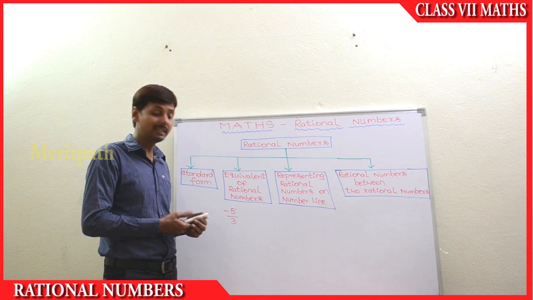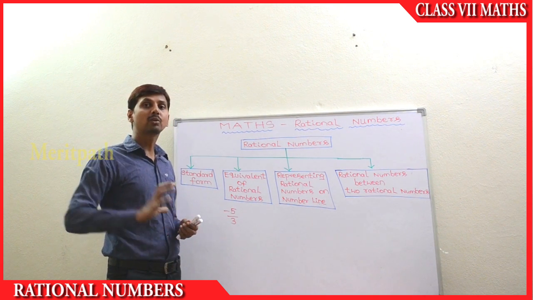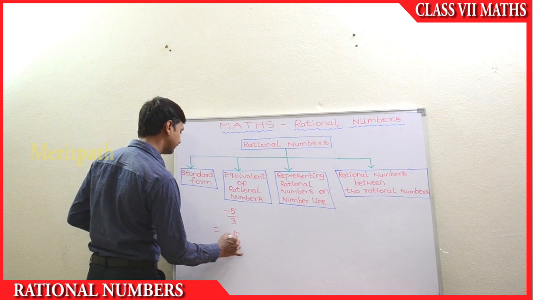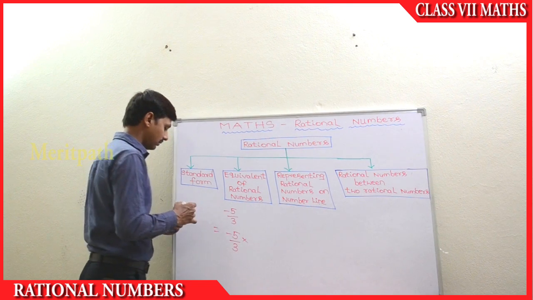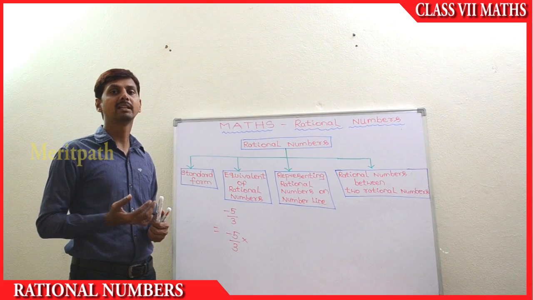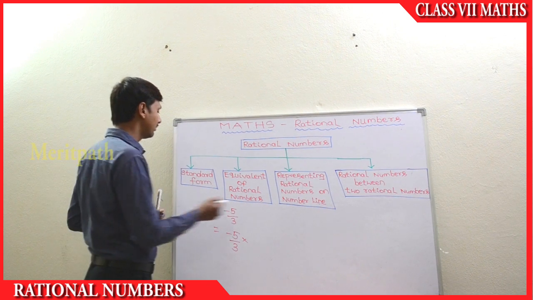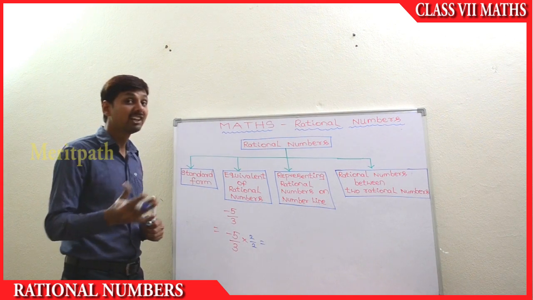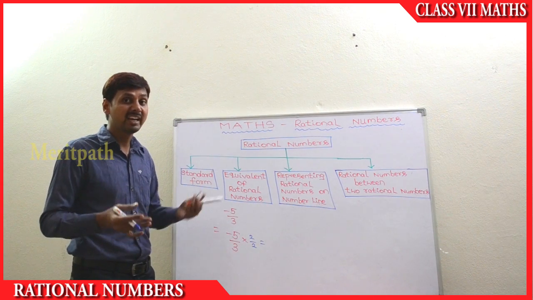So minus 5 by 3. Want to find out the equivalent rational number? Let's try minus 5 by 3. If we multiply the numerator and denominator by a constant number, we will get an equivalent rational number. For example, multiply with 2 by 2. So we'll be getting a different rational number. It will be changed.